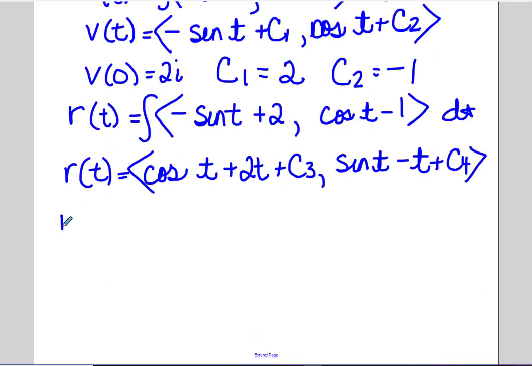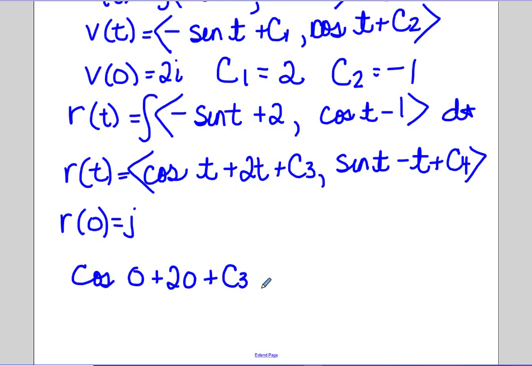So one more time, if r sub 0 is j, then we can consider this piece, cosine of 0 plus 2 times 0 plus c sub 3 has to be the 0 term, since our vector is going to be 0i and 1j. So this piece is 0. And cosine of 0 is 1. So 2 times 0 is 0.